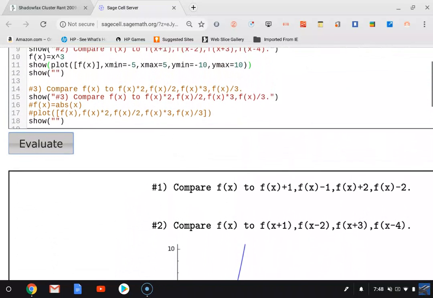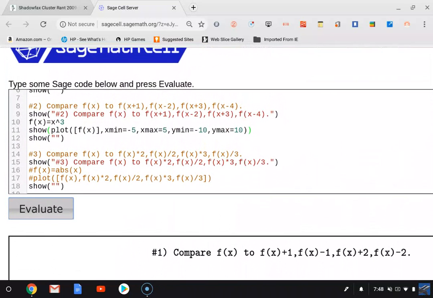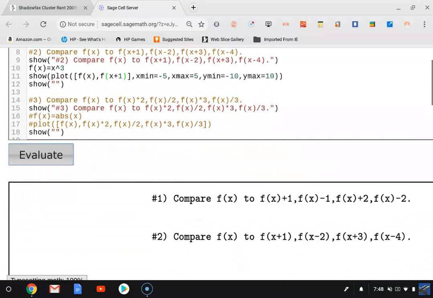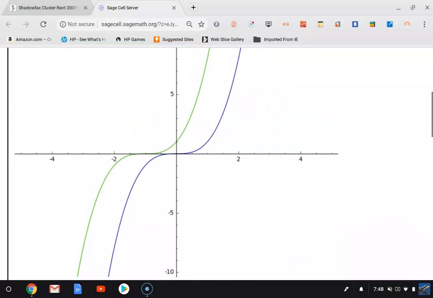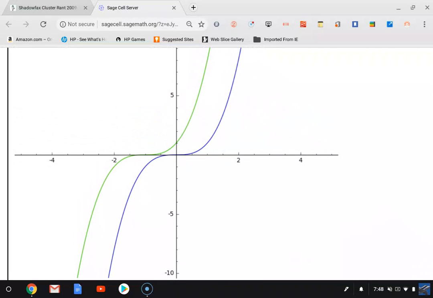Now if we add or subtract from the x value, hopefully this is a review. When you add 1 to the x value, that's the green curve. Look what happens. It shifted everything 1 to the left. The bluish curve, the cyan, goes through 0, 0.